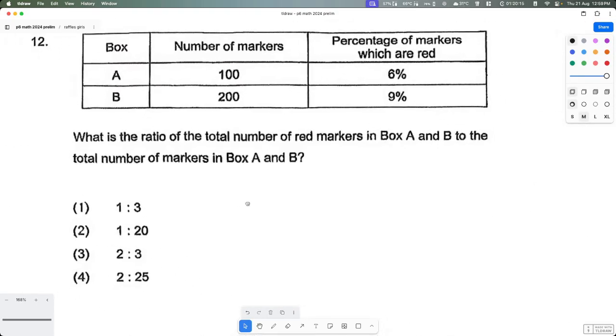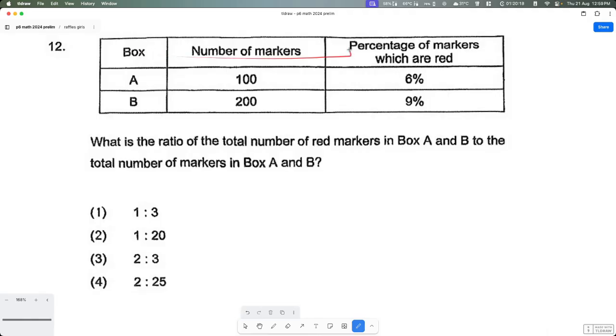Question number 12. A box, number of markers, percentage of markers which are red, 6 and 9. What is the ratio of the total number of red markers in box A and box B to the total number of markers in box A and box B?